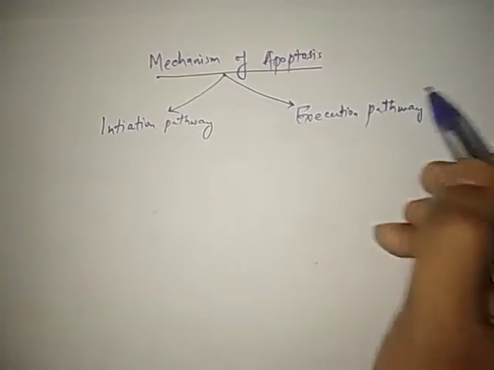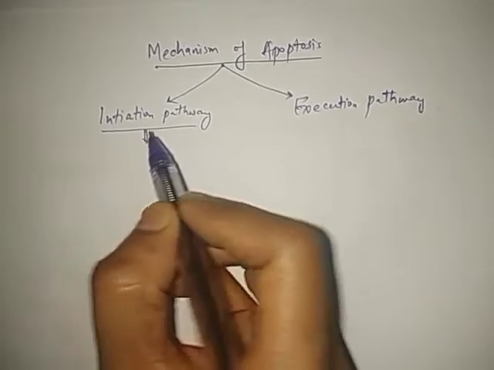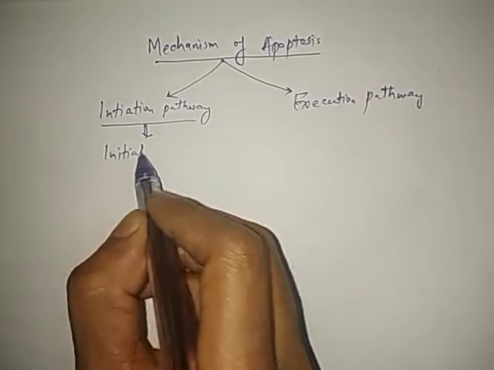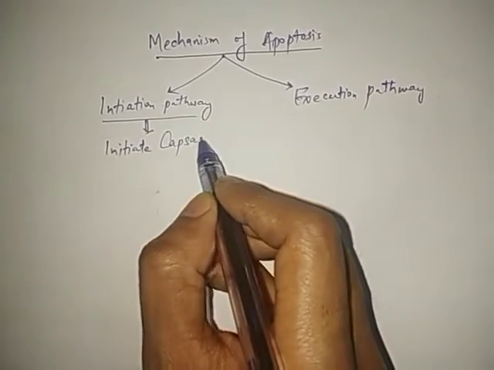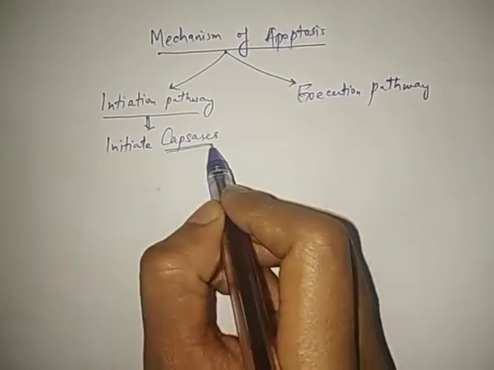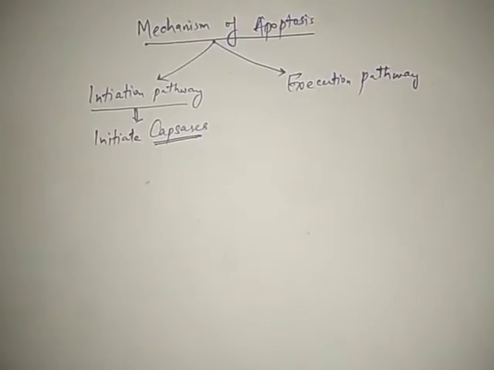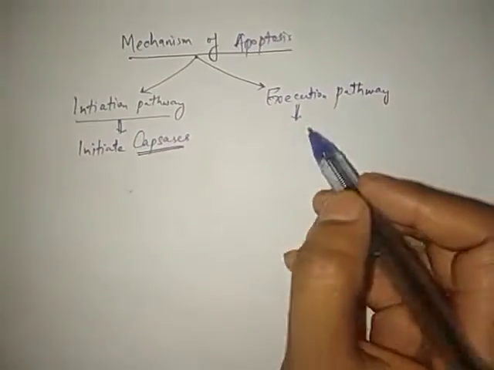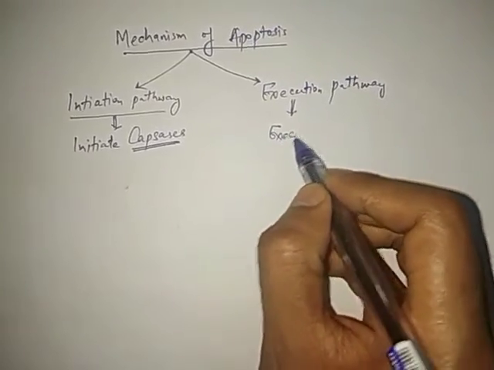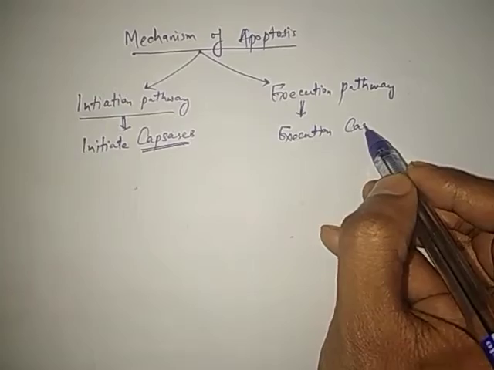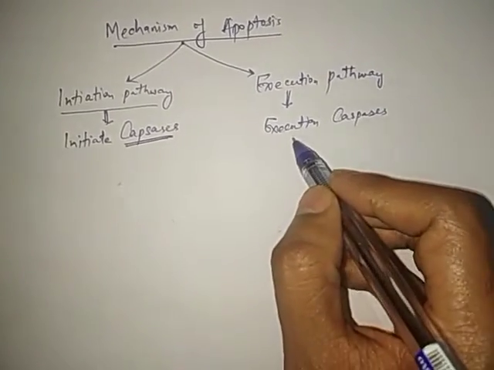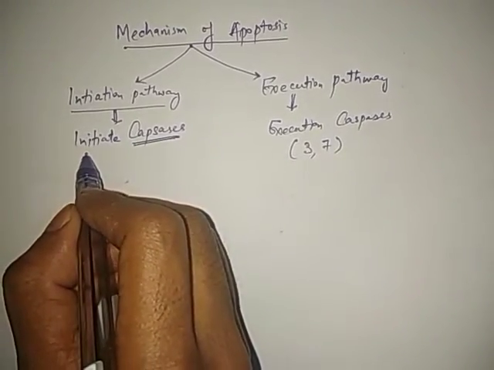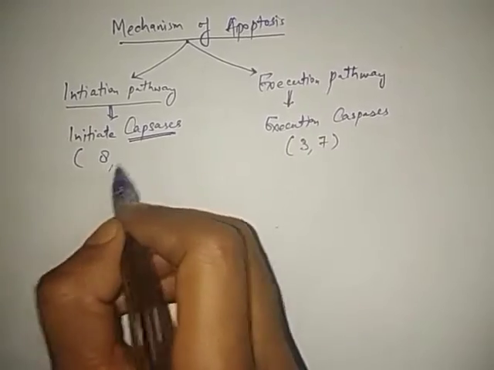The initiation pathway is done by the initiator caspases. These caspases are enzymes involved in apoptosis, and they are very important for apoptosis to occur. The execution pathway requires the execution caspases. The execution caspases are caspase 3 and caspase 7, while the initiator caspases are caspase 8 and caspase 9.